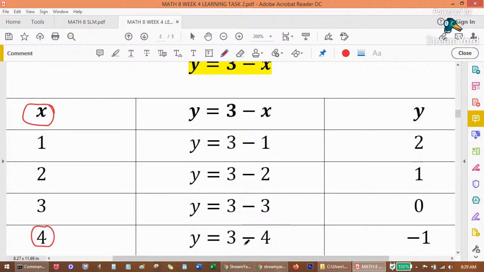So, we are going to perform a subtraction. Okay, so 4 minus 3 is negative 1. 4 minus 3 is 1.